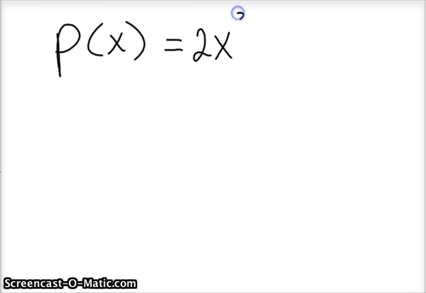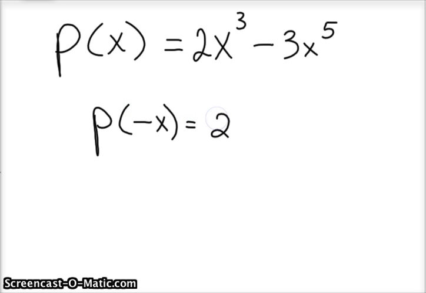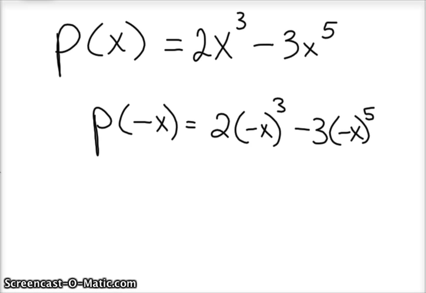So let's say we had p at x equals 2x cubed minus 3x to the fifth power. I plug my negative x into the function. So we'd have 2 times negative x cubed minus 3 times negative x to the fifth. A negative to the third power is negative, so that'd be negative 2x cubed.